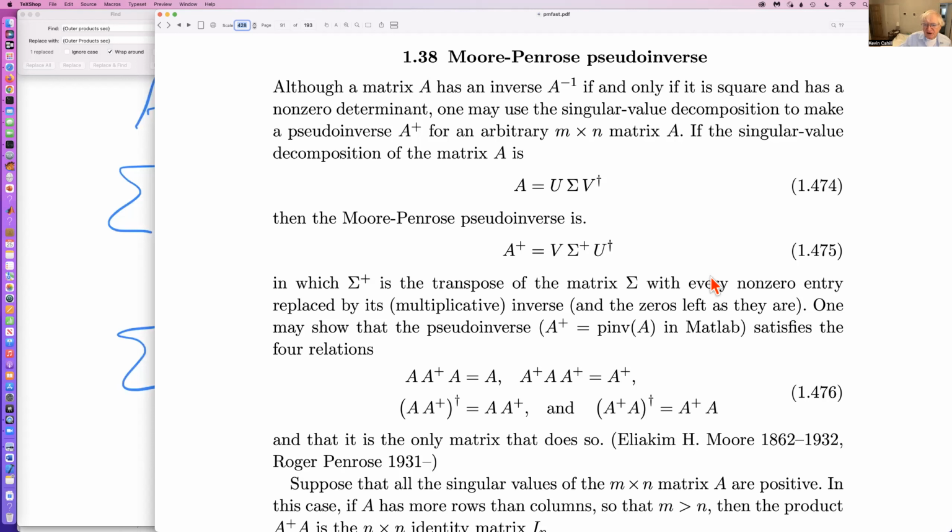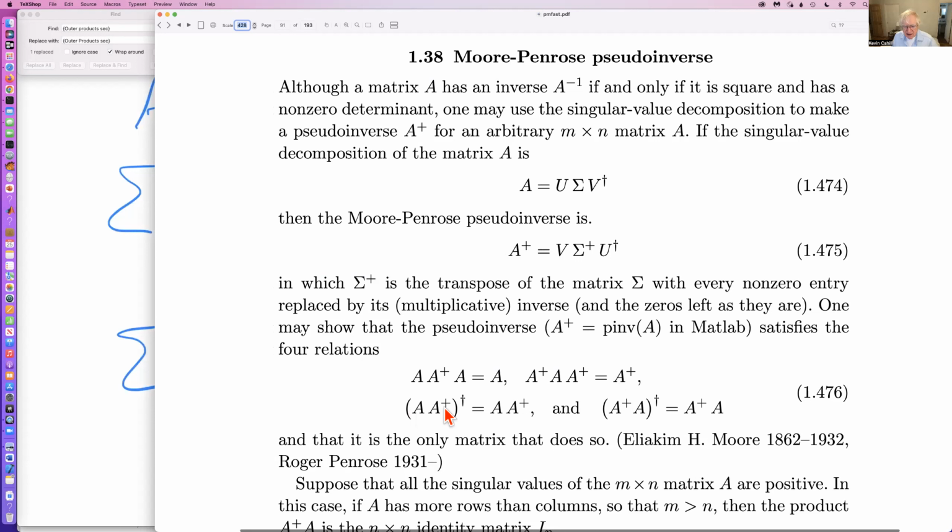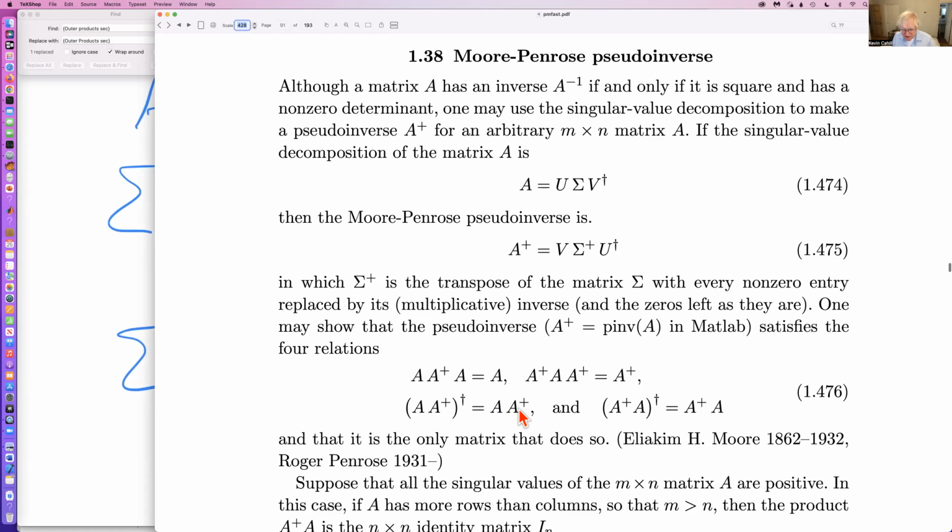So this is the Moore-Penrose pseudo-inverse, and it satisfies these relations. The pseudo-inverse in between two A's just gives you an A, so it acts like an inverse. The pseudo-inverse on both sides of an A gives you the pseudo-inverse.